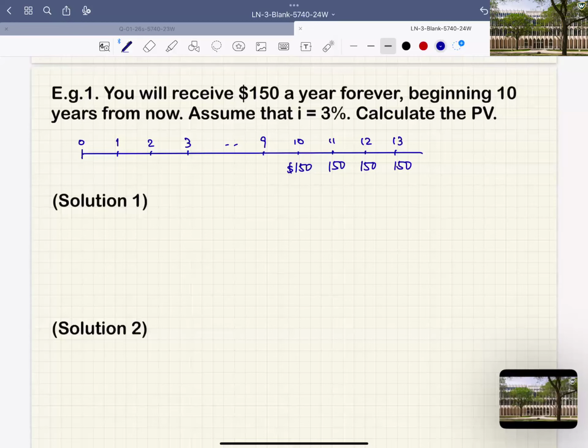And PV is here, and i is equal to 3%. Can you guess the present value of this cash flow at t equal to 0?